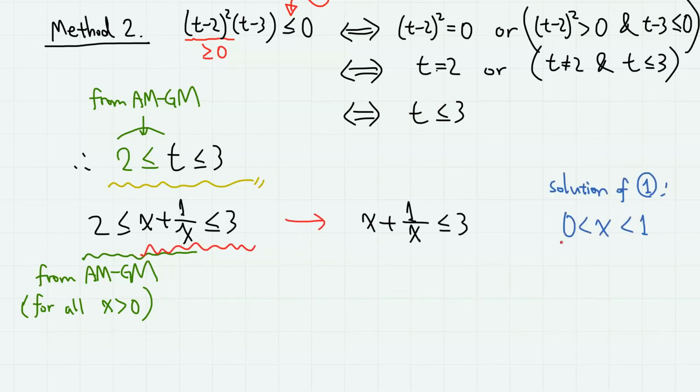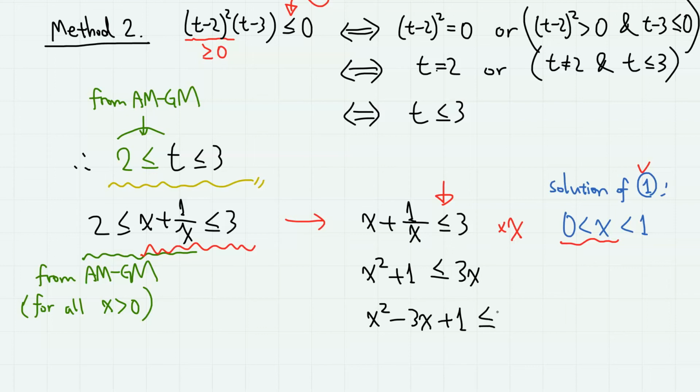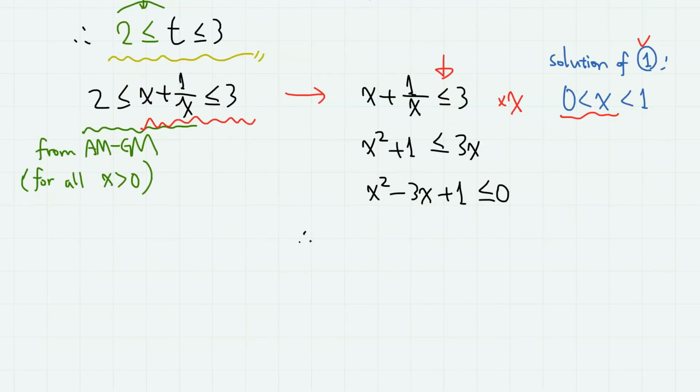We know that x must be positive from the solution of the first inequality, so we can multiply x on both sides and the direction of the inequality sign remains unchanged. So we have x squared plus 1 less than or equal to 3x. So x squared minus 3x plus 1 is less than or equal to 0. Therefore, x is in between (3 minus square root of 5) over 2 and (3 plus square root of 5) over 2.